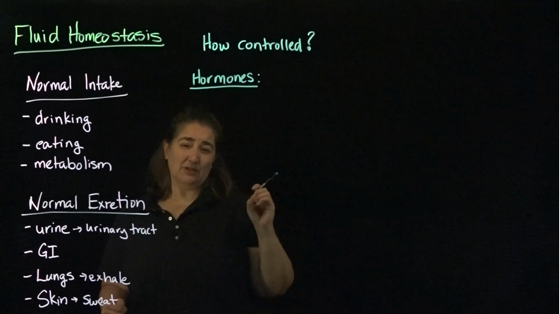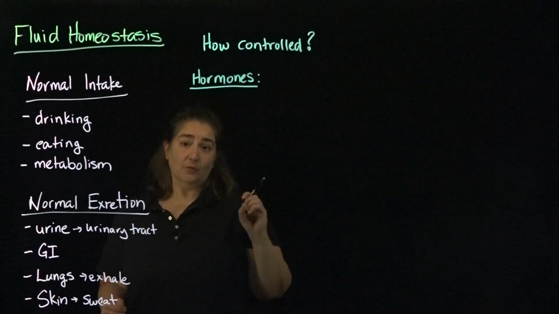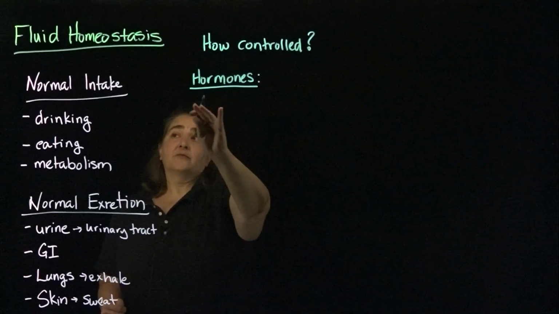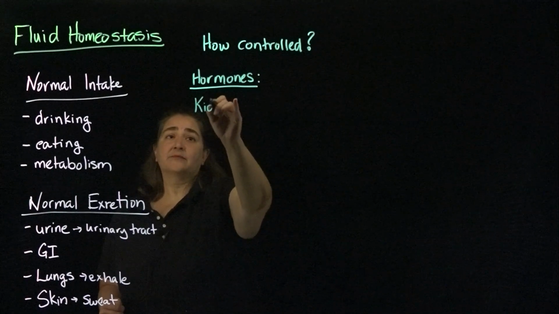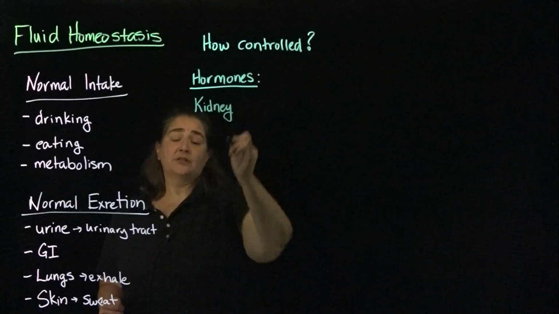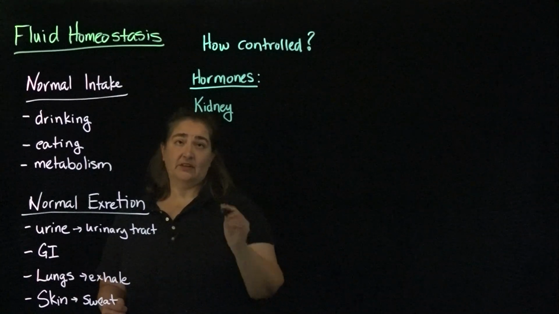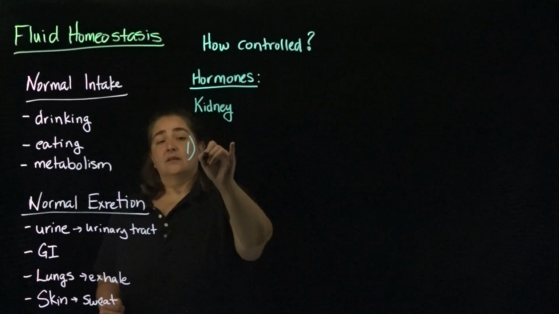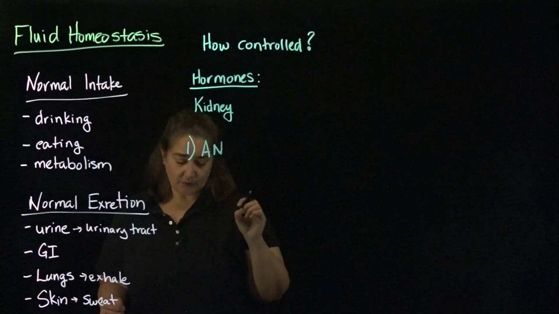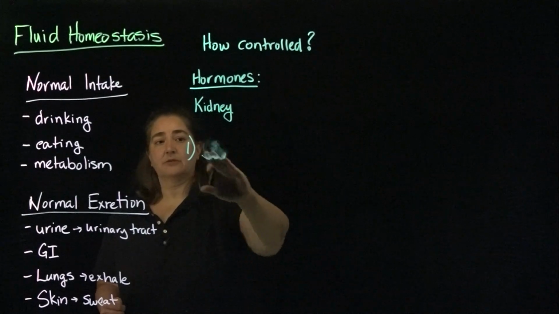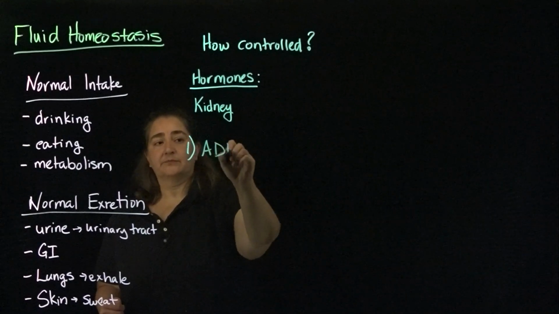It's just going to be quick and dirty to give you an idea of the hormones involved with fluid homeostasis, primarily where we're regulating that fluid, which is at the kidney, part of the urinary tract. So for our first one, I want to talk about antidiuretic hormone first.